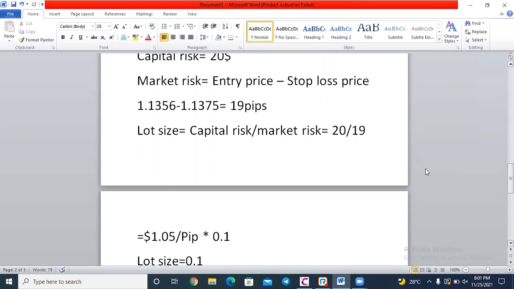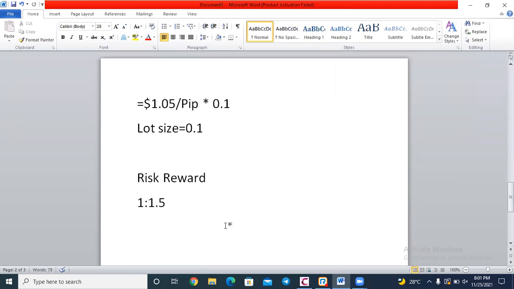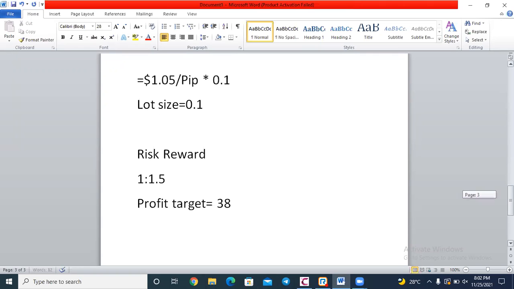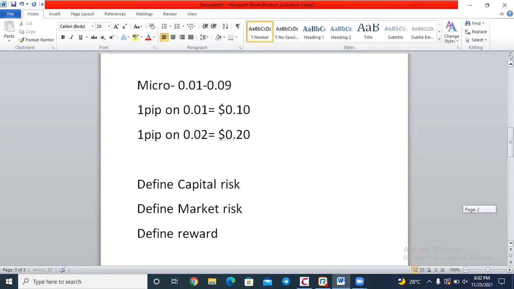So our profit target on this trade, let's just use 1:2. So 19 times 2, that's 38 pips. And since you are selling, you expect price to fall. So if our profit target is 38 pips, what is our entry price?